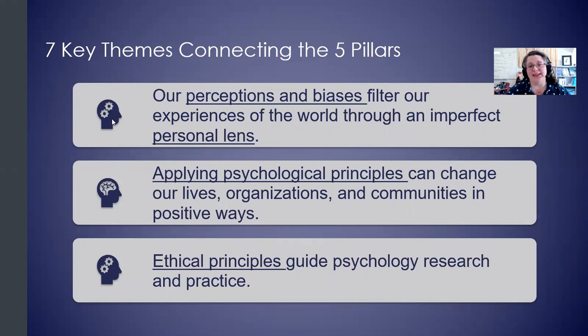The fifth one is that our perceptions and biases filter our experiences of the world through an imperfect personal lens. All right, so this one is complex. What this means is psychology is less about absolute truth than understanding how people form their own truths. Everybody has some perceptual filter and some bias.